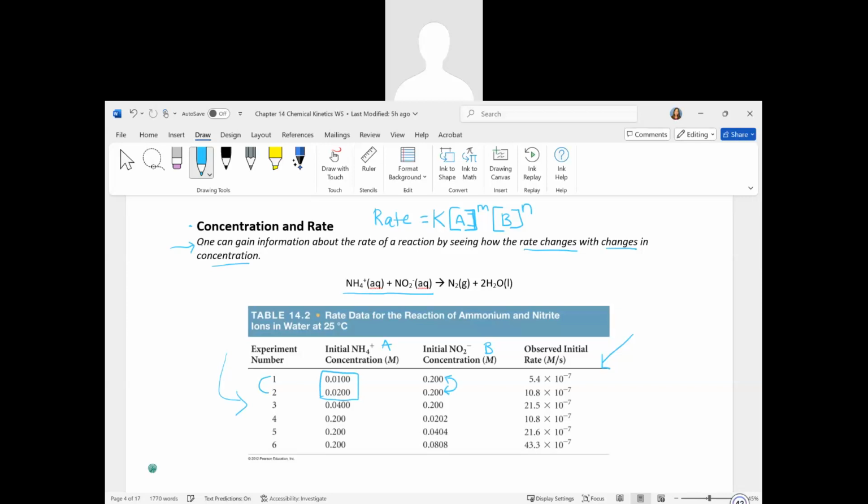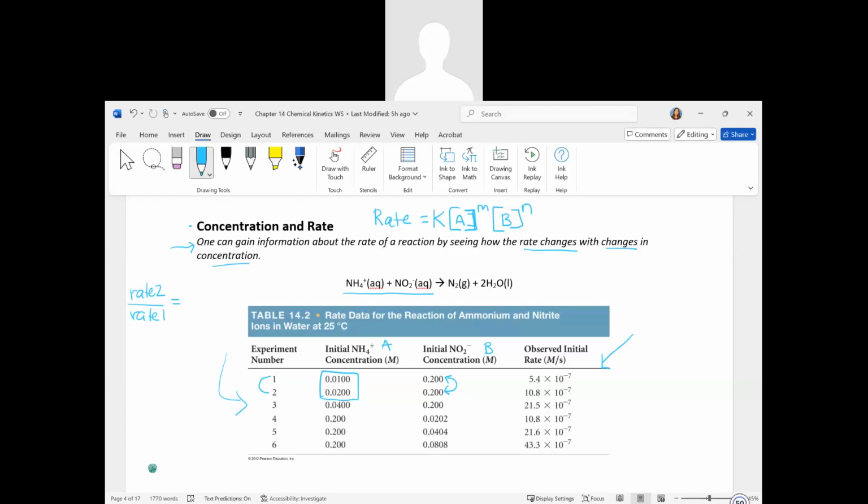So I know that there's no change in B, so that cannot be affecting any change that I see in my rate. So a way to equate these values would be to set rate 2 divided by rate 1.